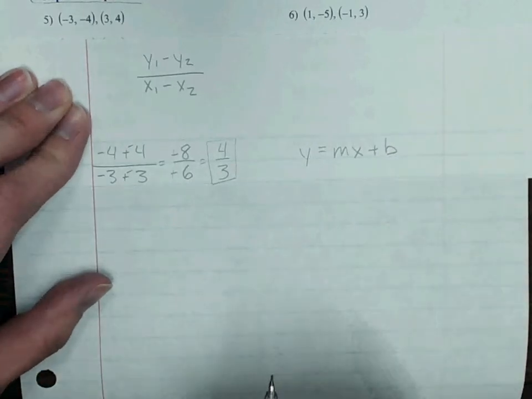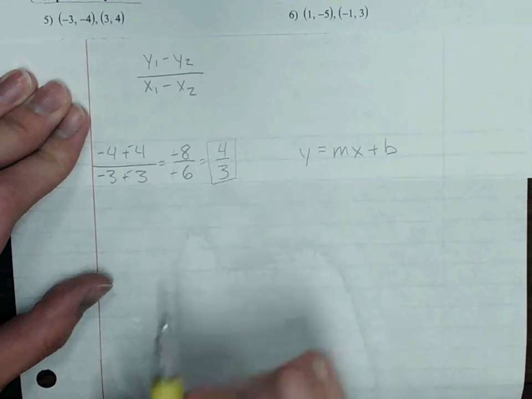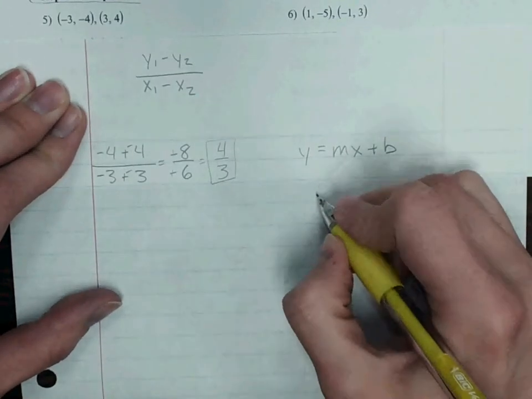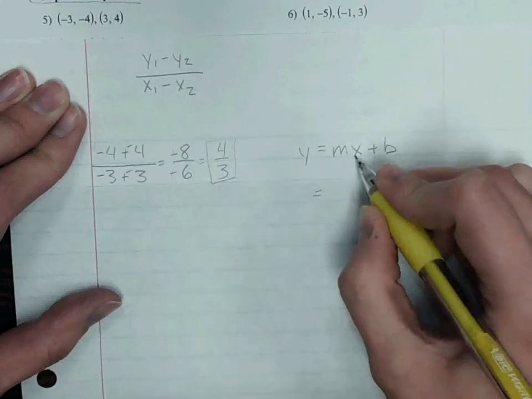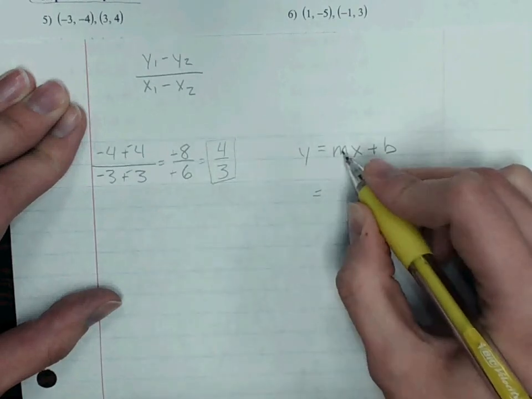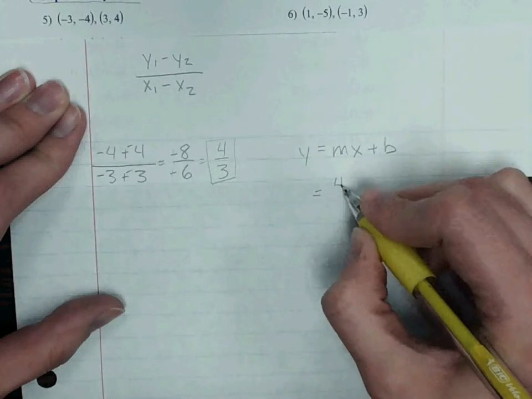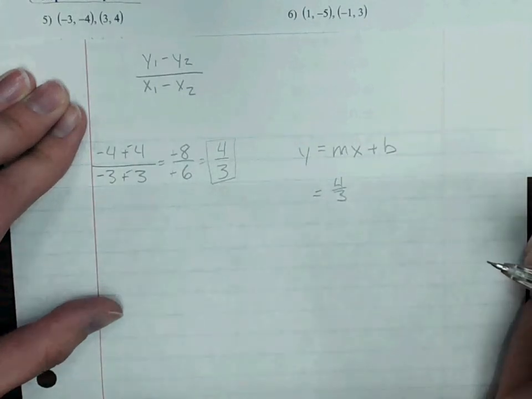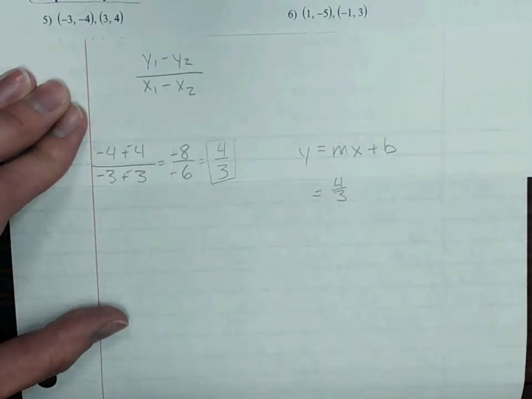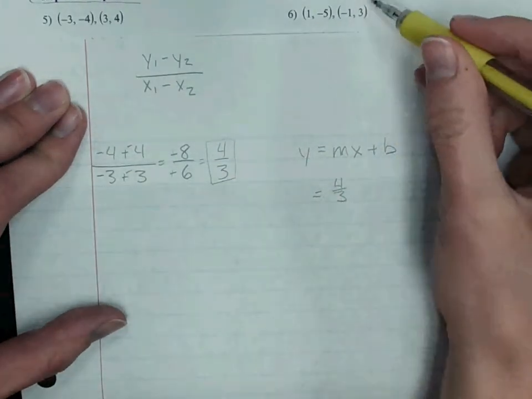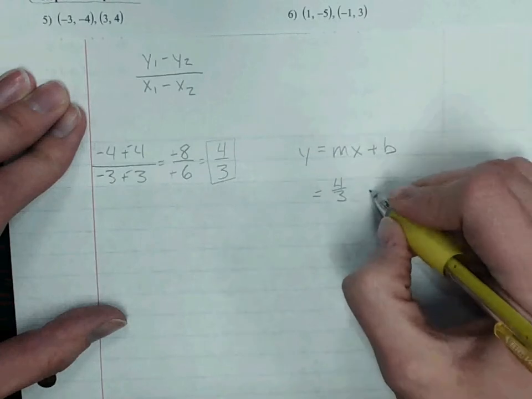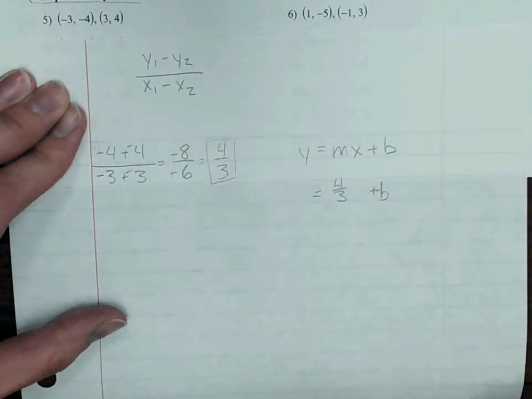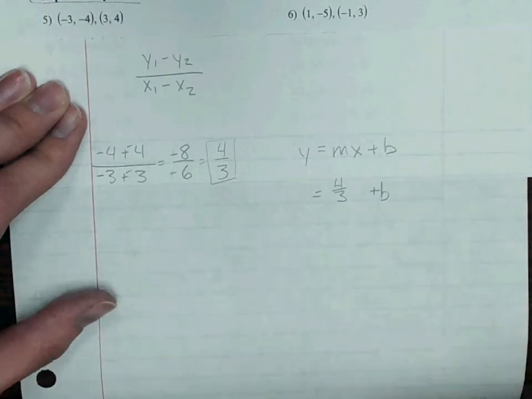So far, in this equation, I know what my slope is. So if I were rewriting this, I would know that right here for m, 4/3 is my slope. I have already told you guys that we're finding the y-intercept, so I know that it's going to be plus b because that's what we're finding, the y-intercept.